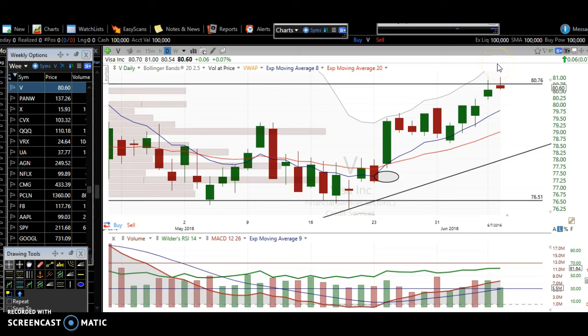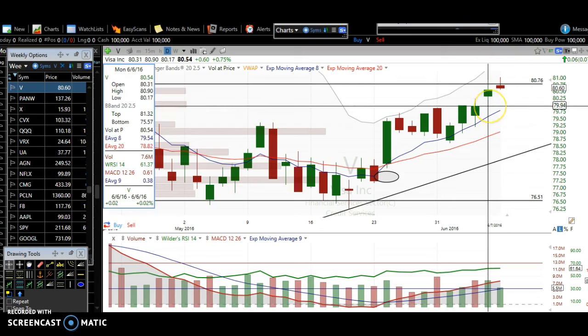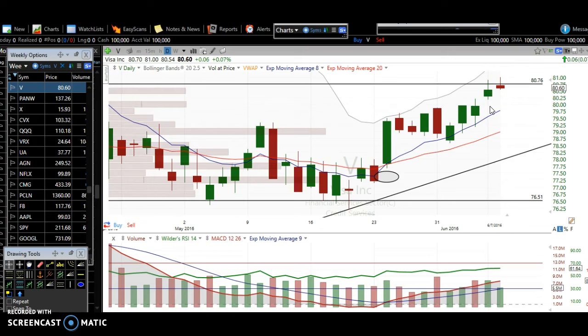So be prepared for some potential weakness up here. As long as these highs are not broken, I expect this gap down here to fill right around 80. So look for that.